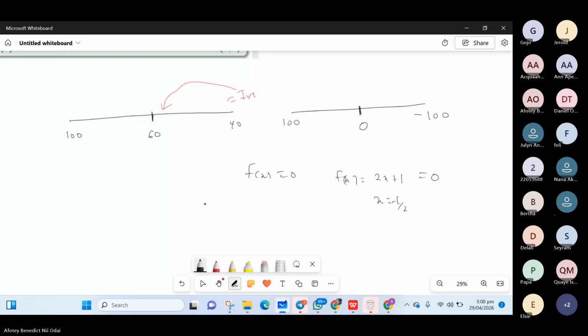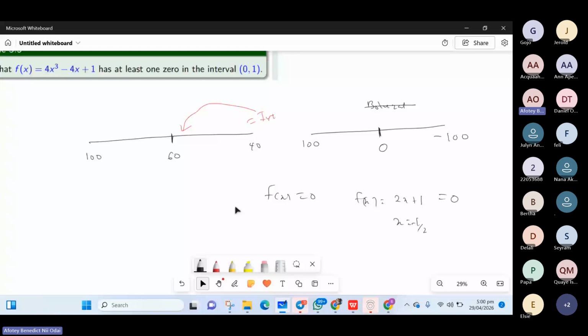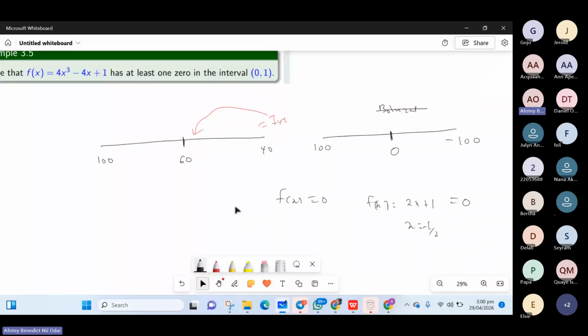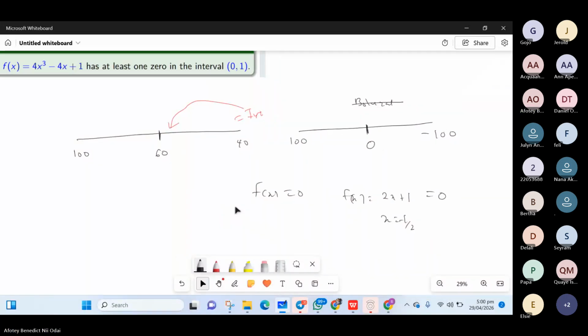Now, Bolzano's theorem is used for getting that solution. What is this? With Bolzano's theorem, let's use the example f of x is equal to 2x on the interval negative 1 to 2.